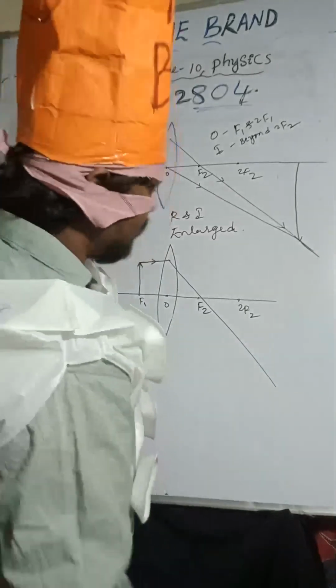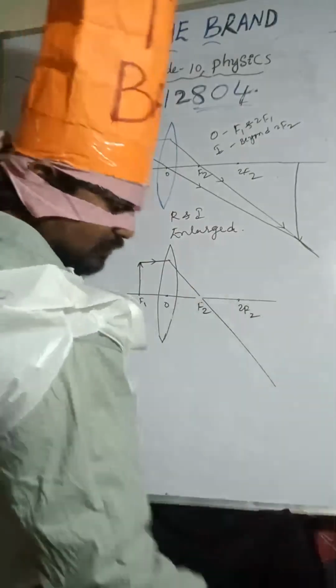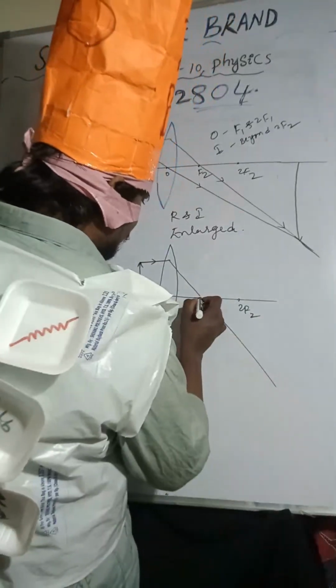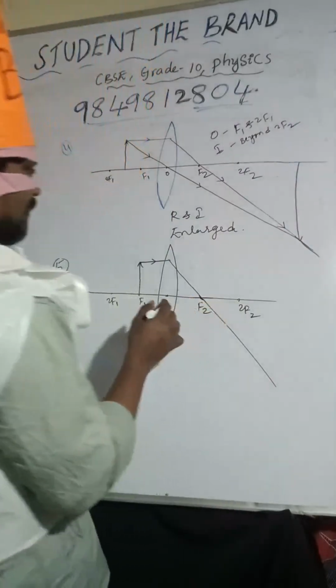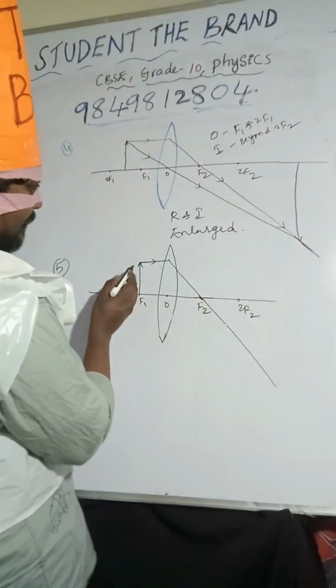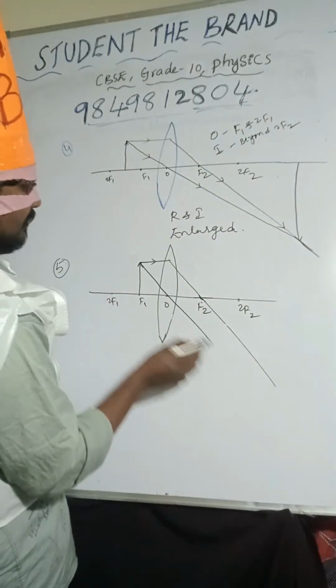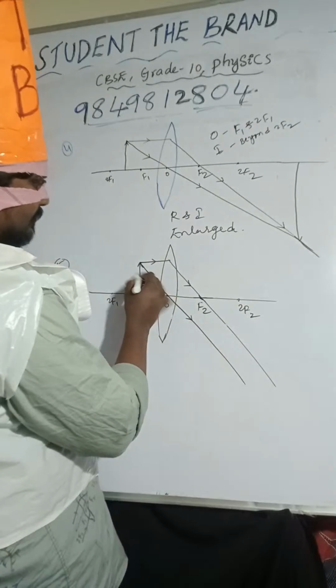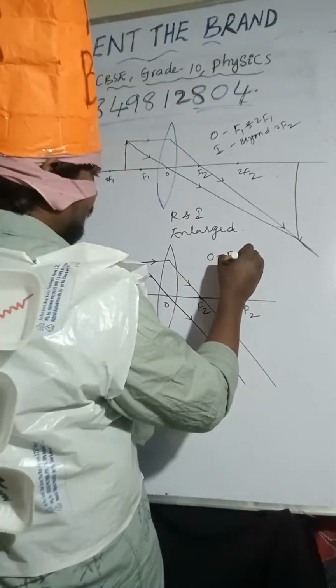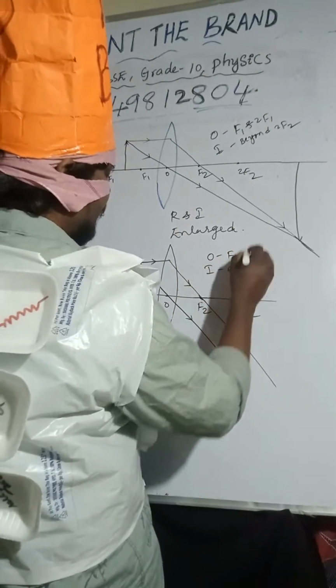Okay, so here another light ray passing through optic center, those light rays will meet at infinity. Object is f1, image will form at infinity.